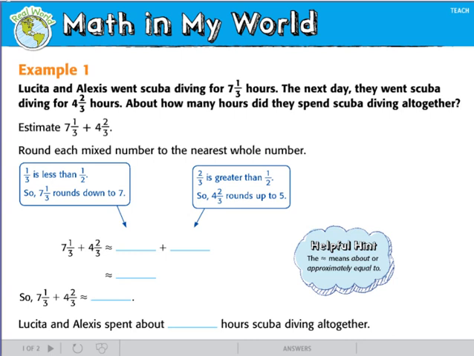All right. So here's the examples from your book. It's 663. You should have your books open to page 663.